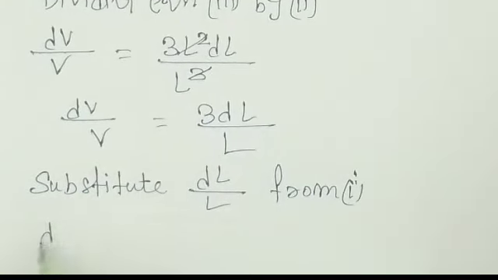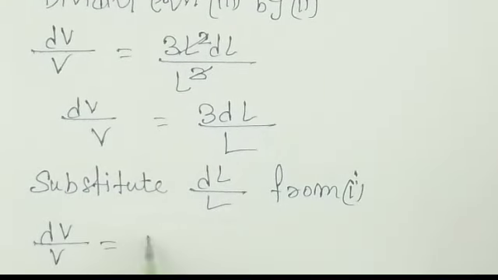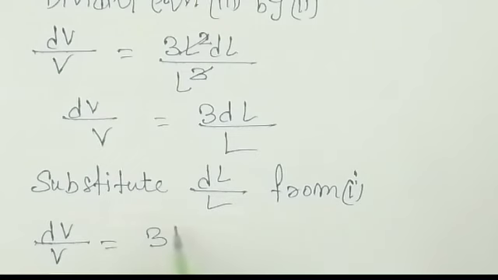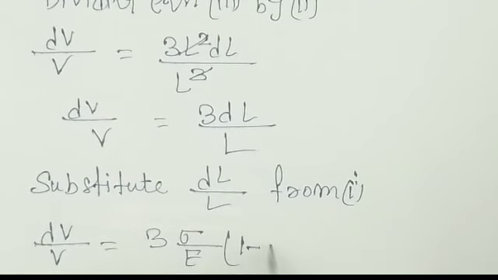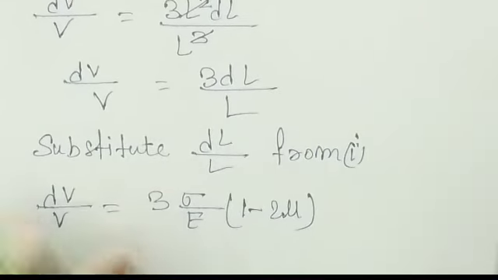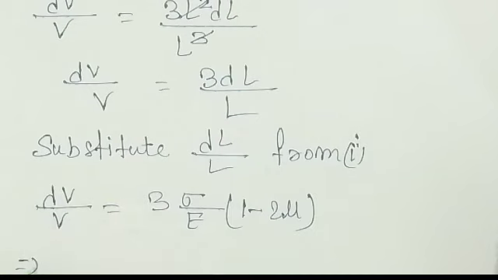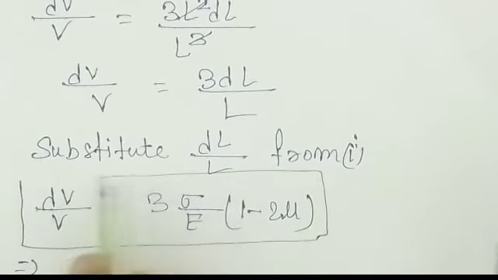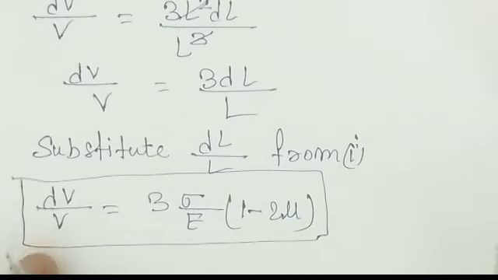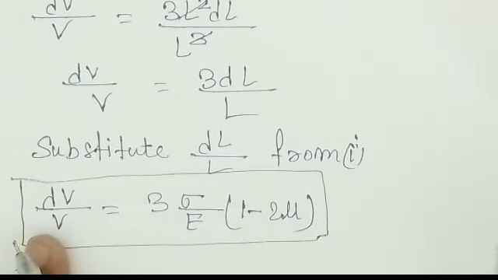From 1 is what? That equation dV by V is equal to 3, right? And dl by L is nothing but sigma by E times 1 minus 2 mu. Okay. So now this dV by V is the change in volume by original volume, and this is known as the volumetric strain.